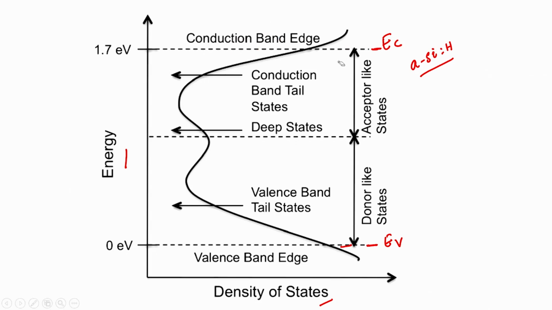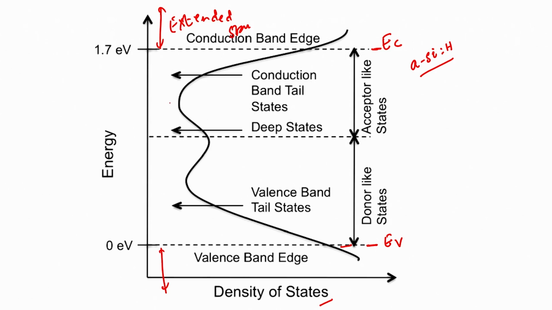It is generally seen that carriers sitting above EC move a little faster than carriers below EC, and therefore all the states sitting above the conduction band edge and below the valence band edge are also called extended states, and we will talk about this in a minute.